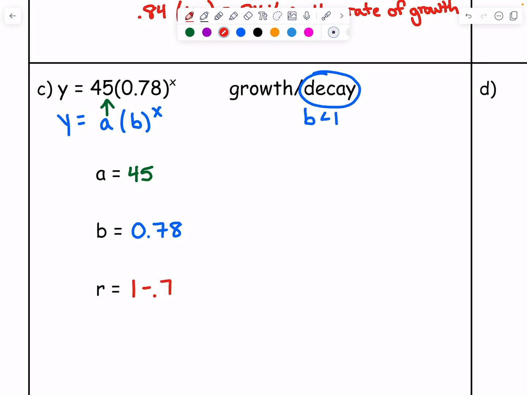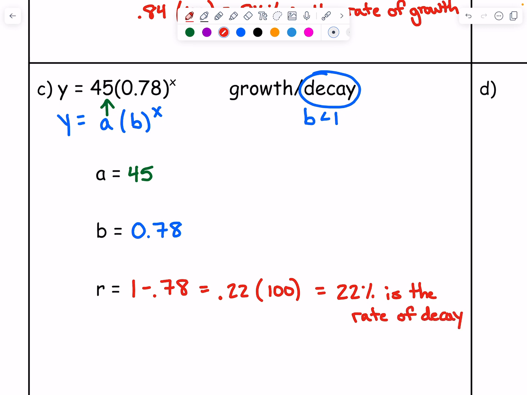So do 1 minus the rate to figure out the difference between the two. And 1 minus 0.78 is 0.22. And then you just got to convert it back to a percent by multiplying by 100. And you get 22% is the rate of decay. Because that's how much less than 1 0.78 was.